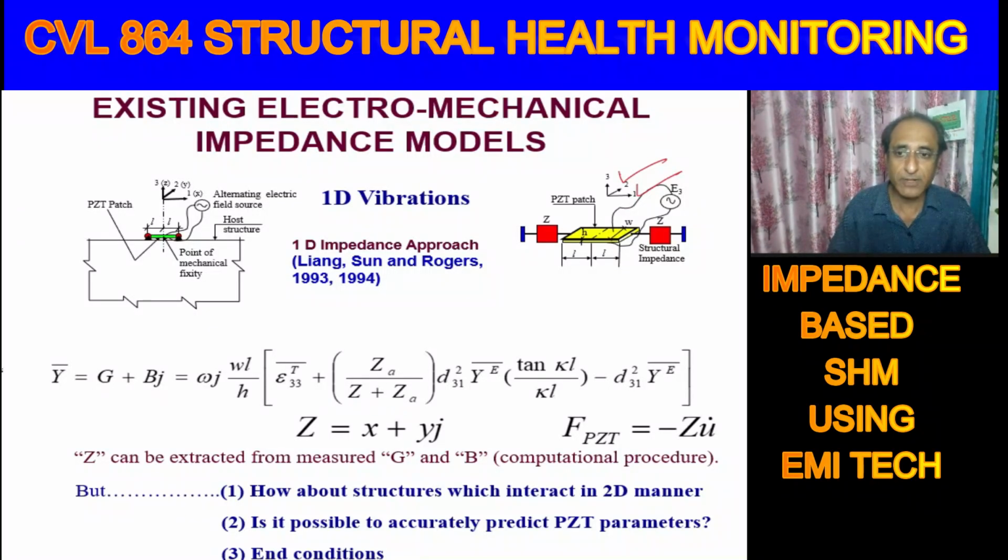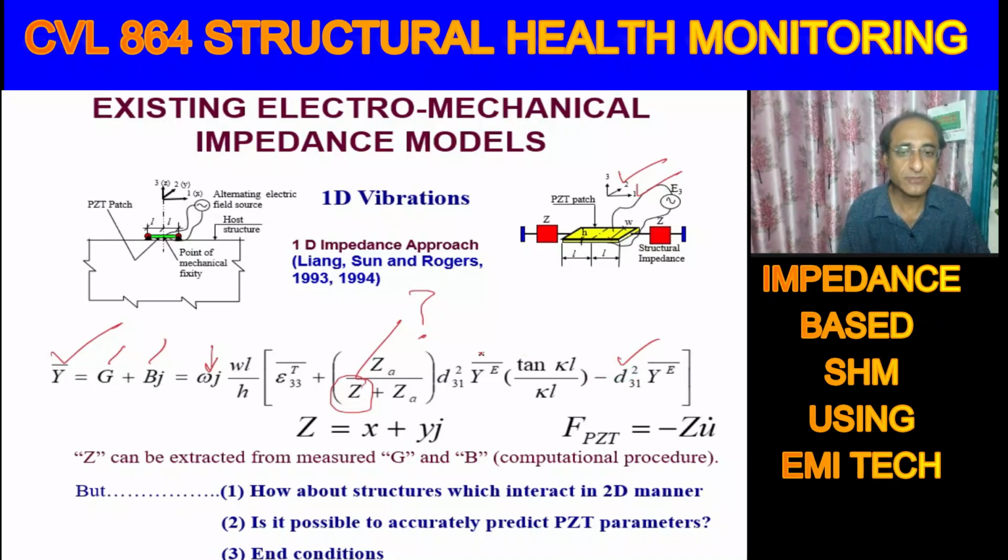If you are experimentally measuring the admittance, you are basically measuring two parameters, G and B, at a given frequency omega. Here, if we consider Z as the unknown, all other parameters you can fit in here.